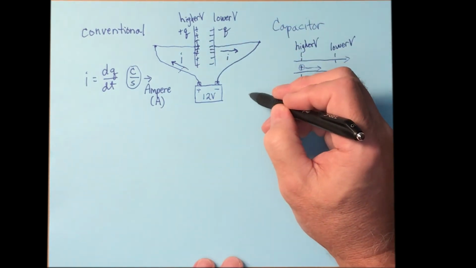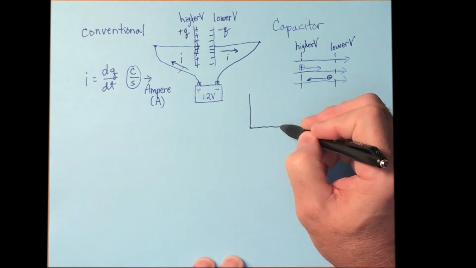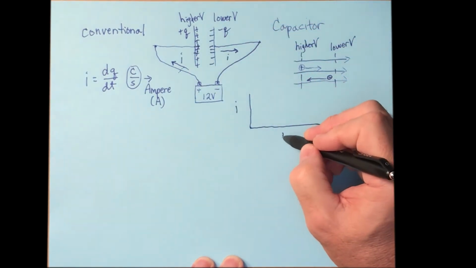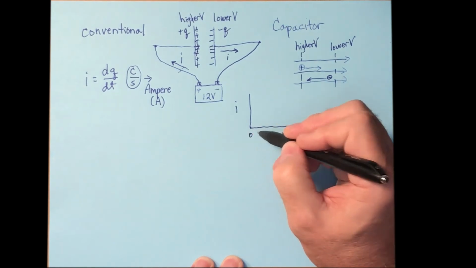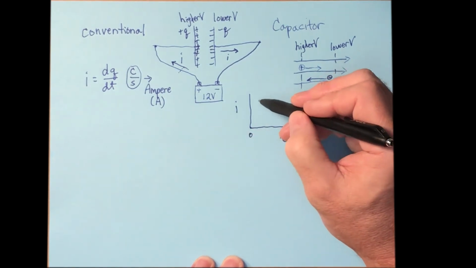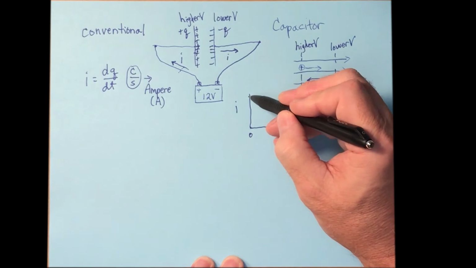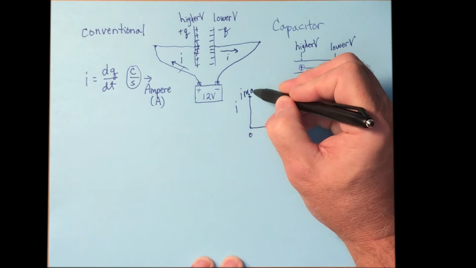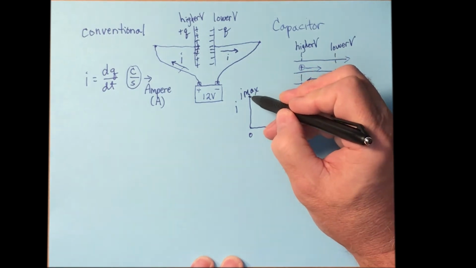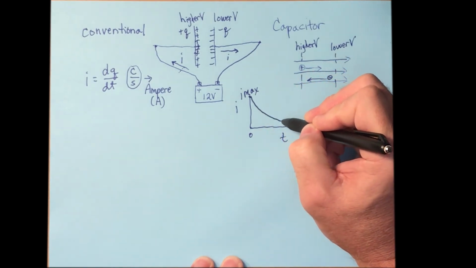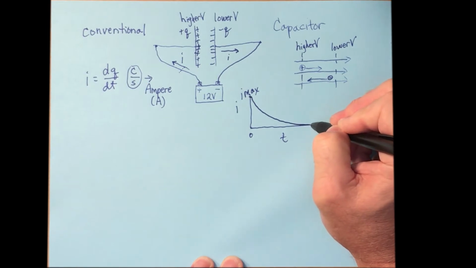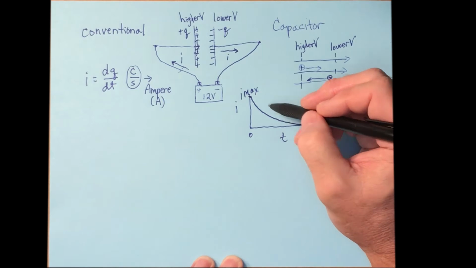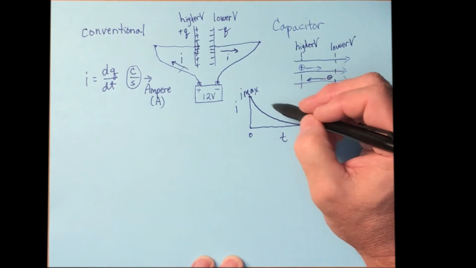So if you were to graph the current flow, let's say you graphed the current that was flowing here versus time. Here's t equals 0. Well, it started off at a high value, some maximum, we'll call that I max right there. And then over time, it decayed. And it decayed to nothing, to 0. Well, this type of curve is not like an inverse square or an inverse.